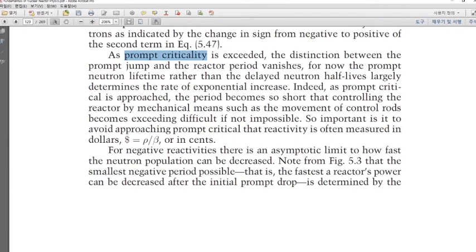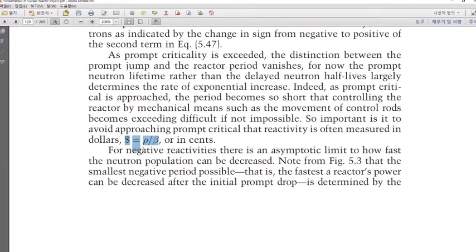And as a measure of how close a reactivity reaches this prompt criticality, sometimes reactivity is given in terms of dollars. So $1 indicates that the reactivity just reached prompt critical.